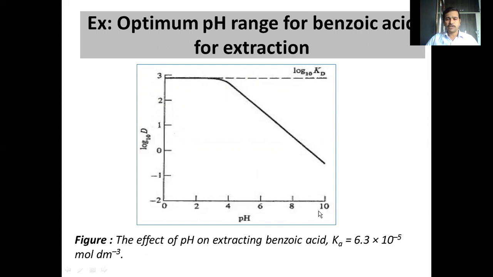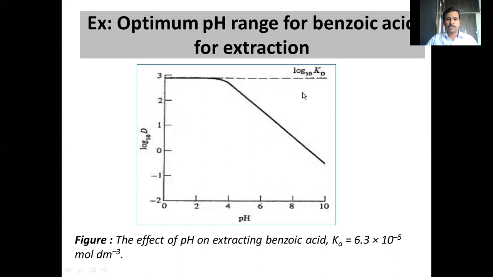A series of experiments were performed for the extraction of benzoic acid by maintaining different pH for the aqueous solution. pH 0, 2, 4, 6, 8, and 10 were maintained. If you look at this graph, up to pH 3.5 to 4, the extraction of benzoic acid maintains the greatest efficiency.